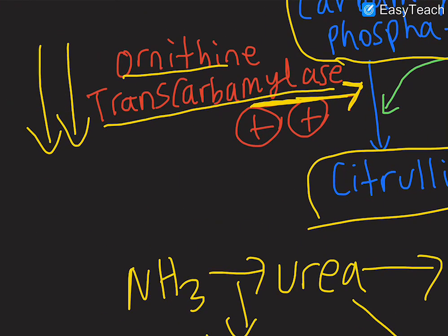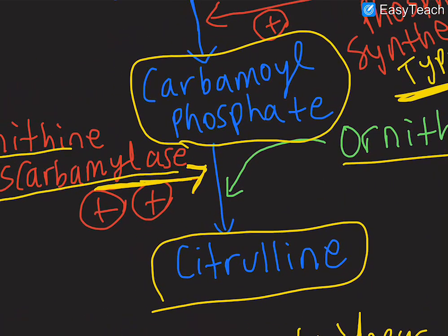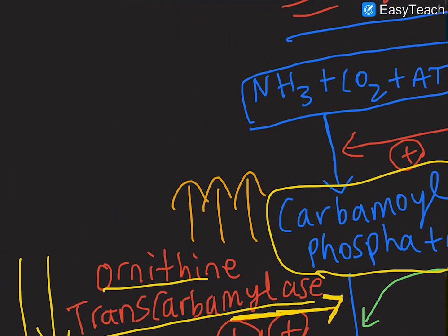But if you're deficient in ornithine transcarbamylase, then you cannot convert carbamoyl phosphate into citrulline. So carbamoyl phosphate levels will start to build up. Then your body's going to try to shunt this into the pyrimidine synthesis pathway, remember?